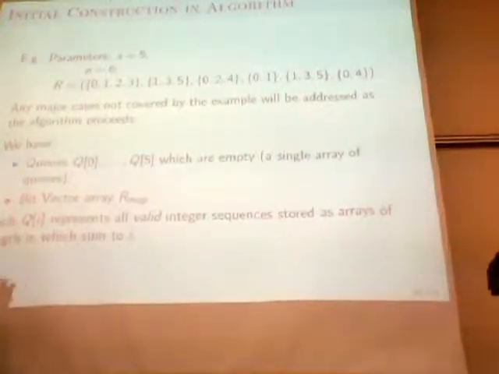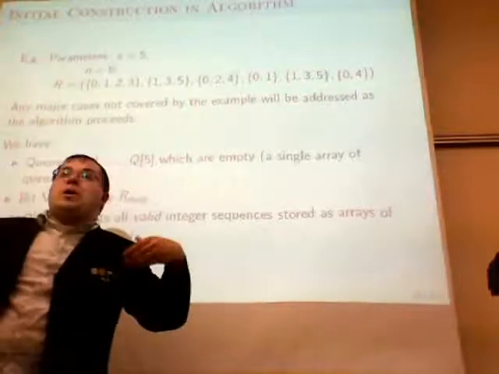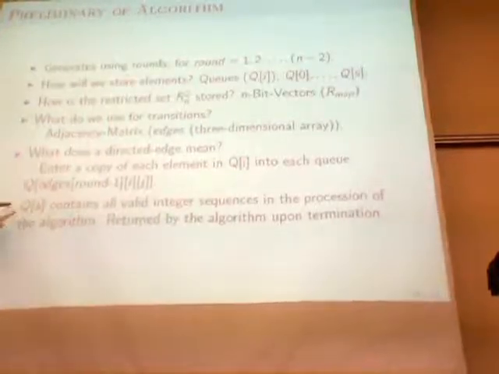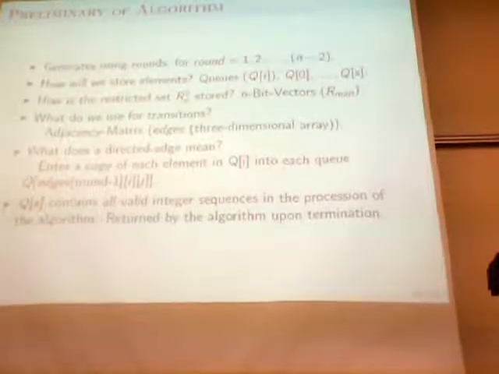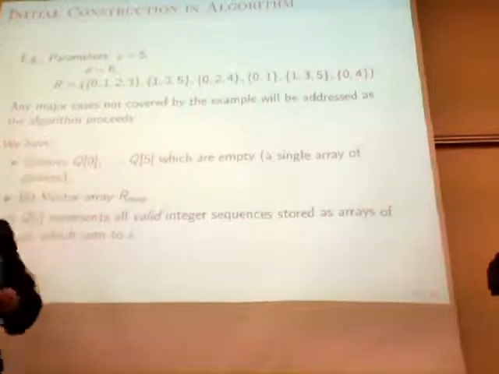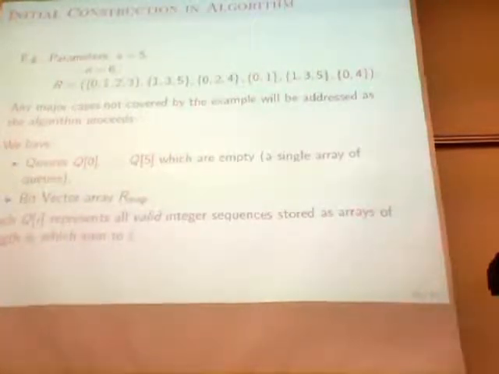As we build them, our goal is to get to Q sub S, which will contain all of the ones that add to S. You can think of this kind of like climbing up a ladder, except the ladders are diagonal, and they work their way to the right.